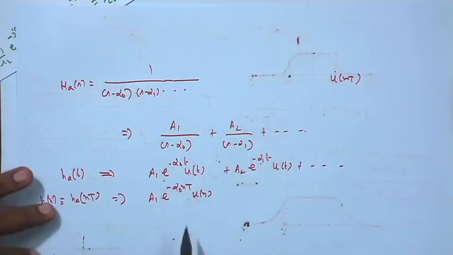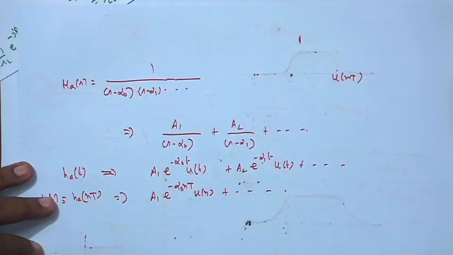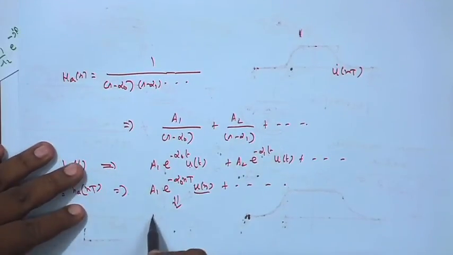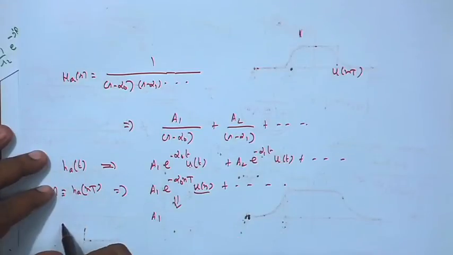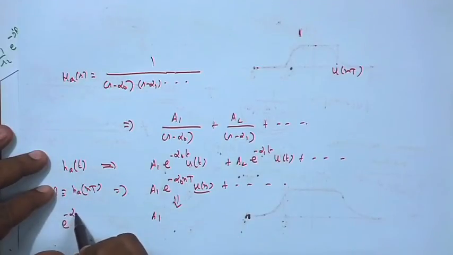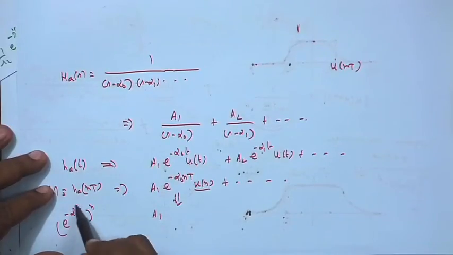So, you get the same as u[n]. So, this and so on. If you take the z transform of this, because of u[n] it will be A1 e to the power minus alpha 0 T whole to the power n, right, and this will have magnitude less than 1.